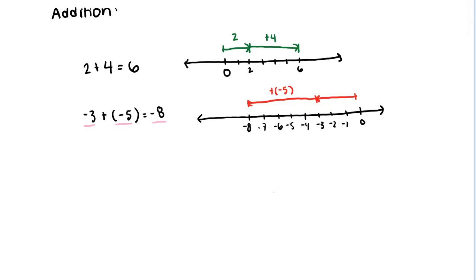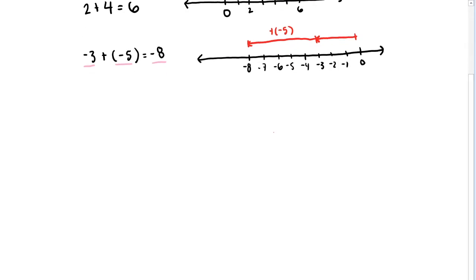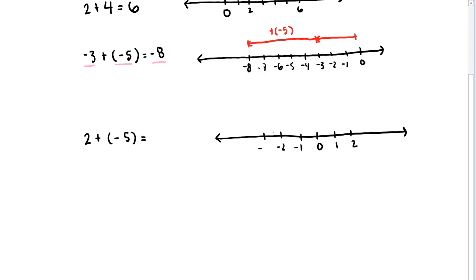Now, what if we add two numbers where the signs differ? Let's say I add a positive number, positive 2, and I add that with -5. Well, here, we've really got all the ideas to compute this. So here, if I imagine, here's 0, 1, and 2. Here's -1, -2, -3, positive 3.